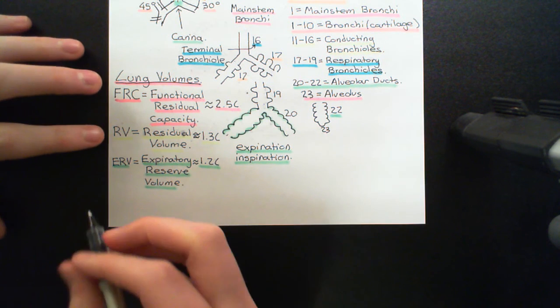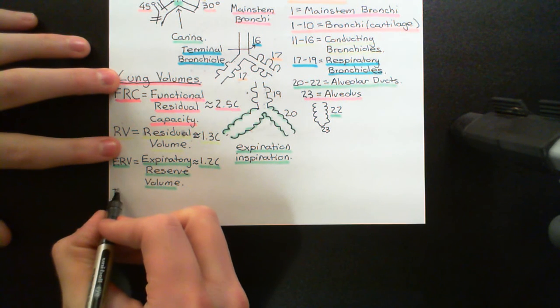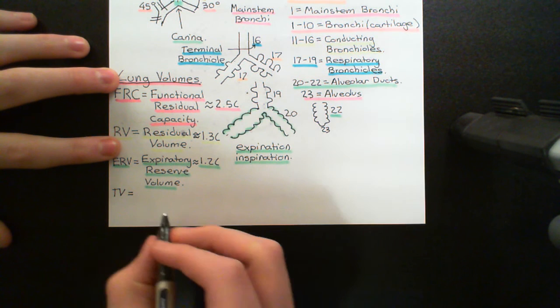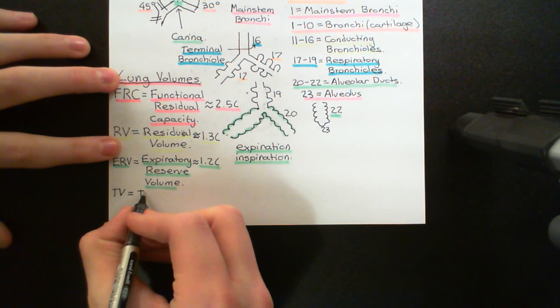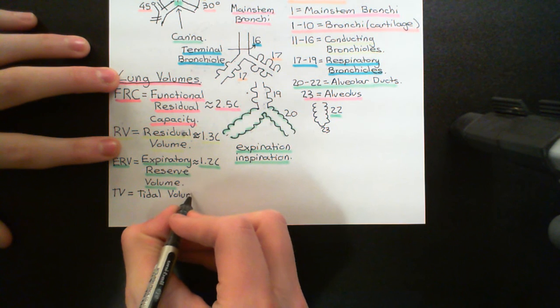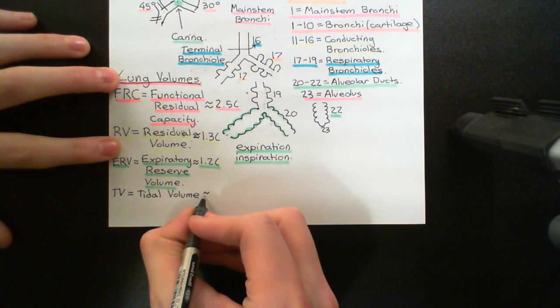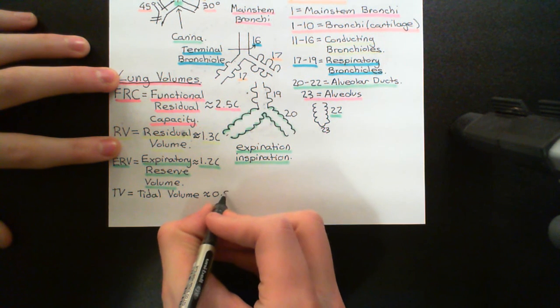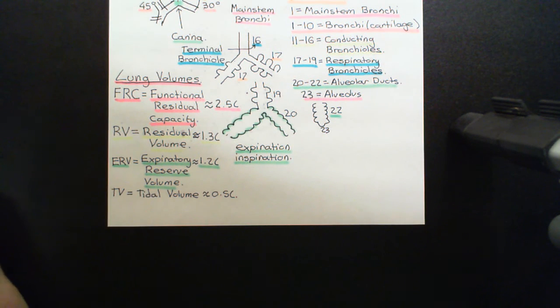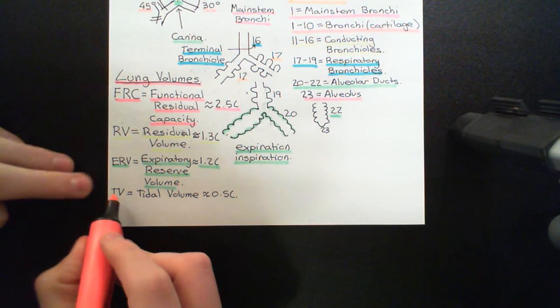How much gas will it breathe in? Well, this volume of gas that is generally breathed in under quiet breathing is known as the tidal volume, or TV for short, and the general quoted volume is around 0.5 litres. So that takes us up to a volume inside the lungs of 3 litres.